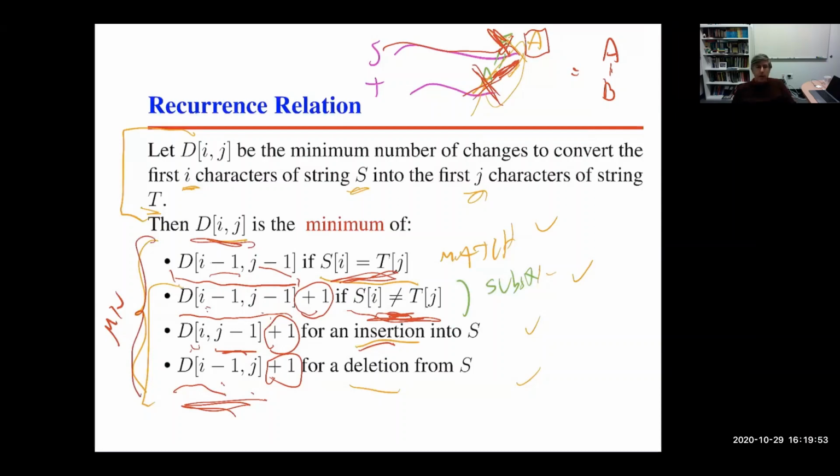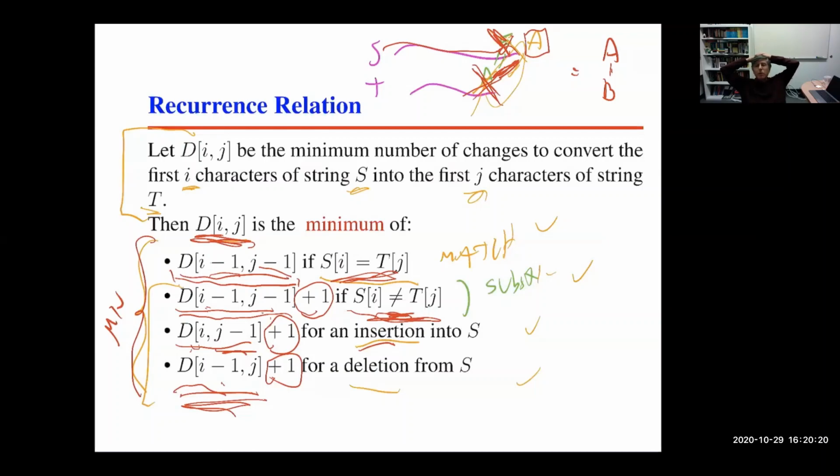And this gives me a recursive algorithm because d of ij depends upon smaller values of d. Any questions about this recurrence? Do people see why this recurrence is correct? Something has to happen at the end.